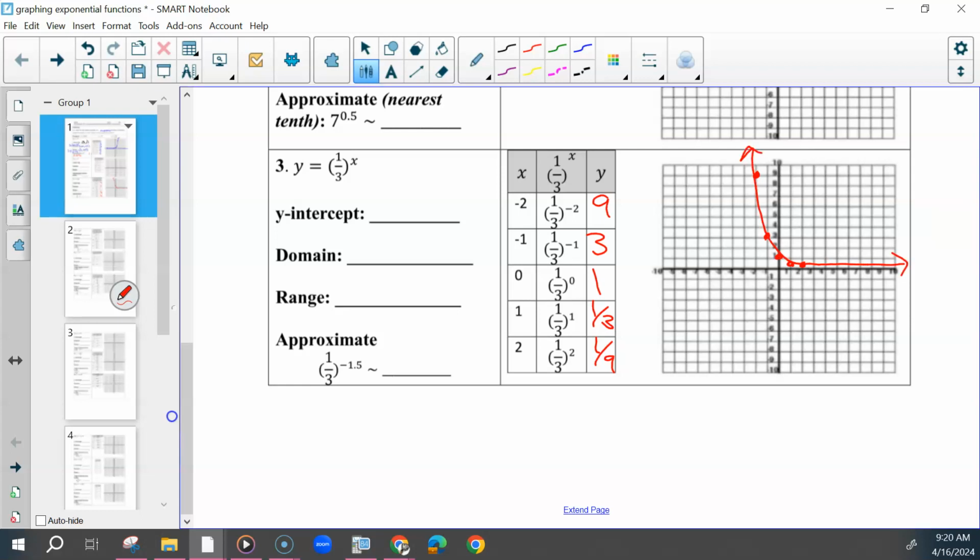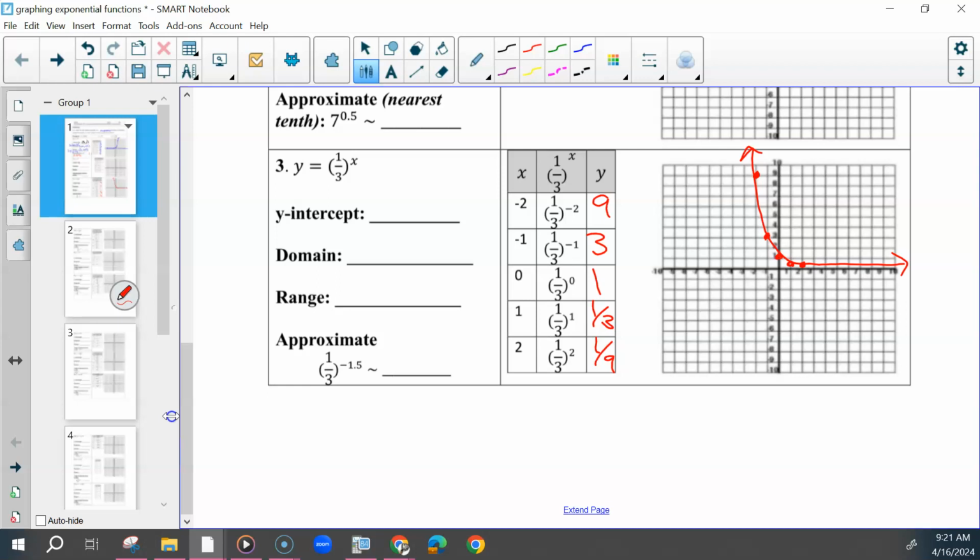What's different between this one and the first one we did? Or does it look the same? Yeah. So instead of it going from left to right, now it's still doing that, but in the opposite direction.